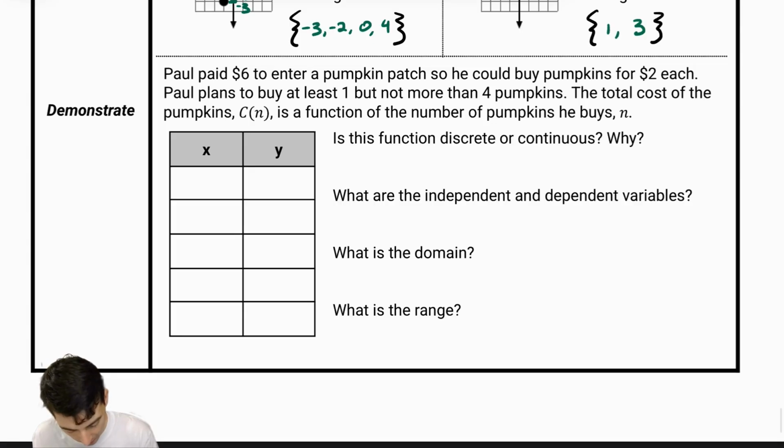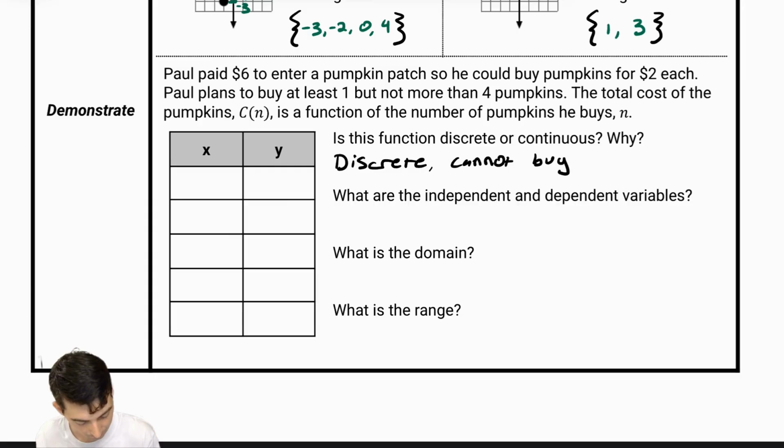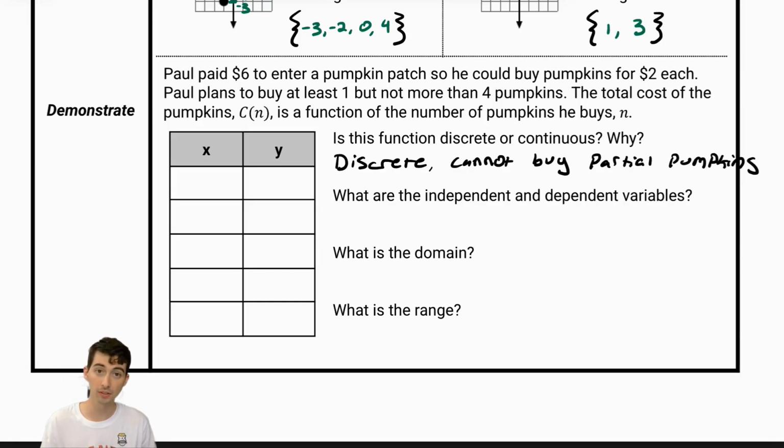So this is going to be discrete because we cannot buy partial pumpkins. Okay, we cannot buy partial pumpkins, so this has got to be discrete, which means we wouldn't connect it on the graph.